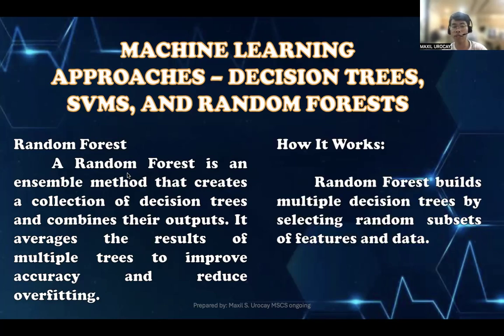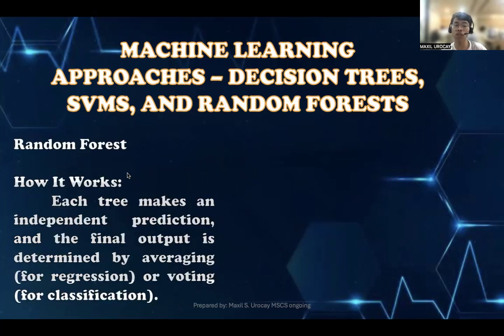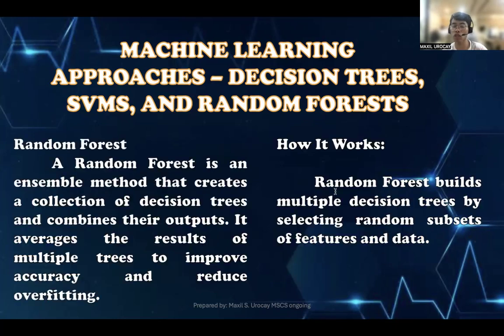Random forest builds multiple decision trees by selecting random subsets of features in the data. It improves on decision trees by averaging the results from multiple trees, and that really helps us reduce overfitting and makes the model more robust.